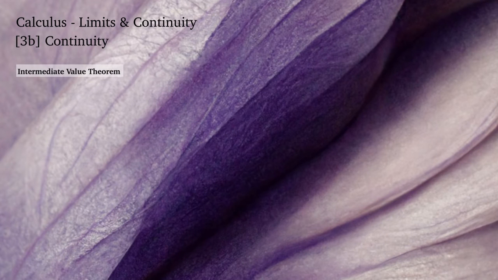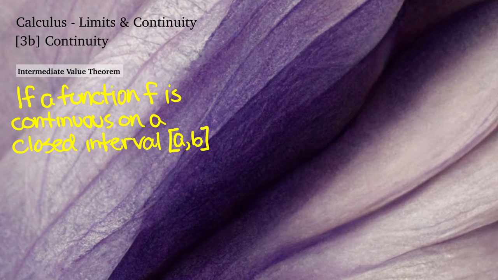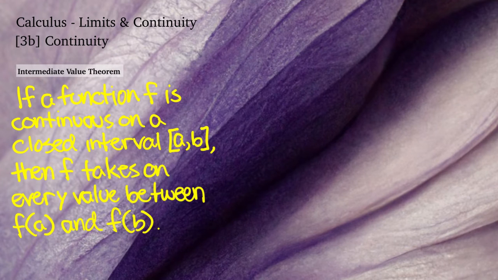The intermediate value theorem is the last concept to cover in this lesson. It's also the first key theorem to know and understand in calculus. It goes like this. If a function f is continuous on a closed interval, we'll call it a comma b, then the function takes on every value between f of a and f of b.